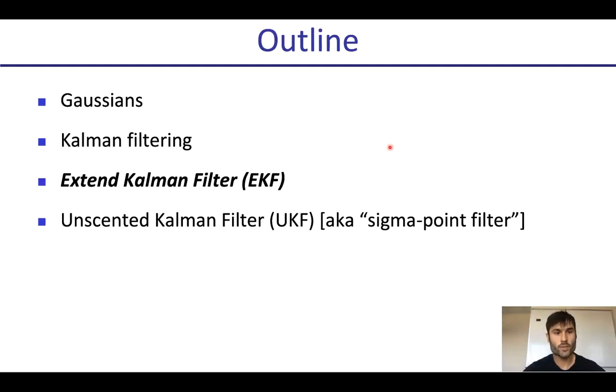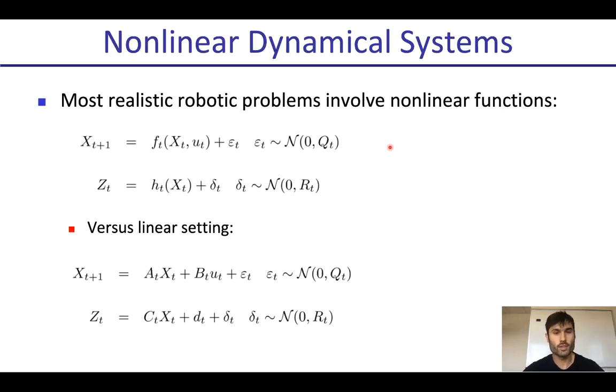In the previous part, we saw how to estimate the state of a system when all the transitions and all the measurements follow a linear function. But most of the real robotics problems involve nonlinear dynamics.